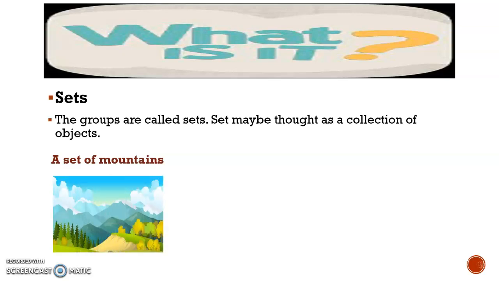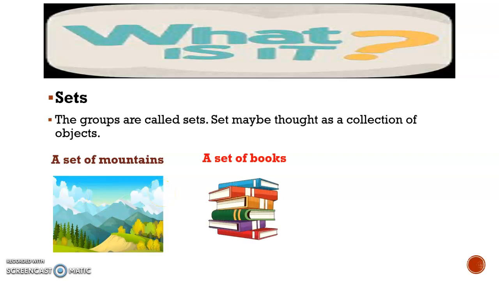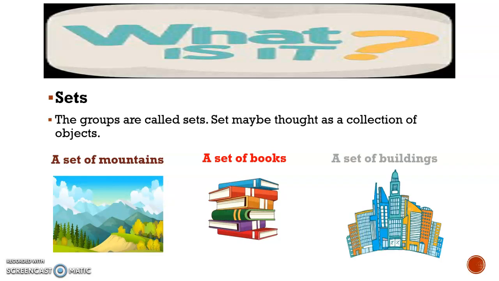There are many kinds of mountains. Some have grass, some are just rocks, and some have trees on top. Some have snow because they are very high up. Probably some are sand. A set of books is also a set, and also a set of buildings. Okay, so that is how you identify a set.